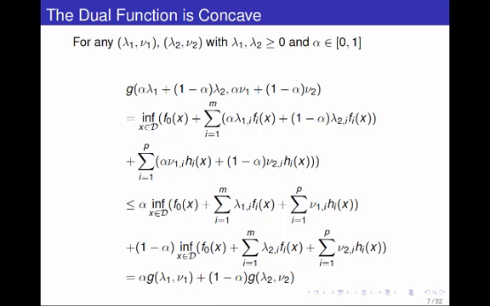And then how about this inequality over here? Let's call the x that optimizes this x1, and the x that optimizes this x2. Then this right-hand side here is alpha f0 of x1 plus blah blah blah of f5 x1 and so on, less than or equal to alpha times f0 of x star.